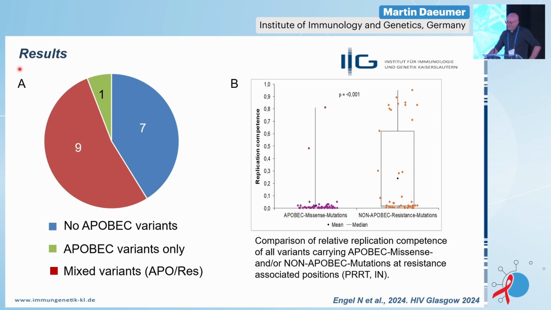In graph B on the right, we are focusing on APOBEC missense mutations, not the stop codon, which are on the same strand as APOBEC-induced stop codons. If this is the measure for replication incompetence, all of these are at the bottom and virtually replication incompetent. On the other side, for the non-APOBEC resistance, the true resistance mutations, there were still a few mutations in all the patients classified as replication competent.